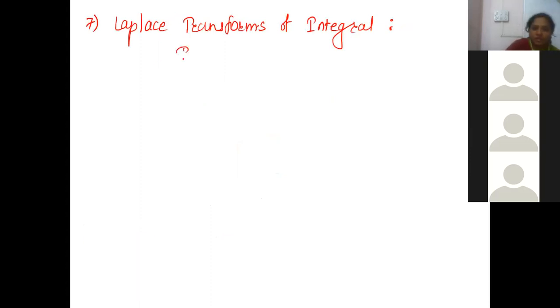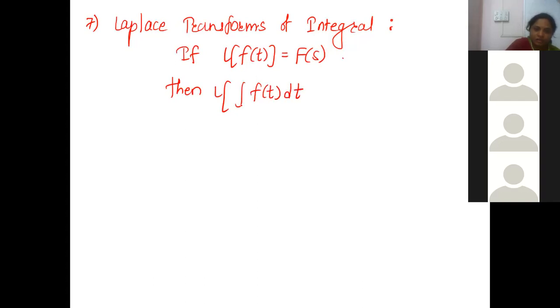So we'll define it now. If Laplace of f of t is F of s, then Laplace of the integration of this f of t, written with respect to t, has limits 0 to t for this property.